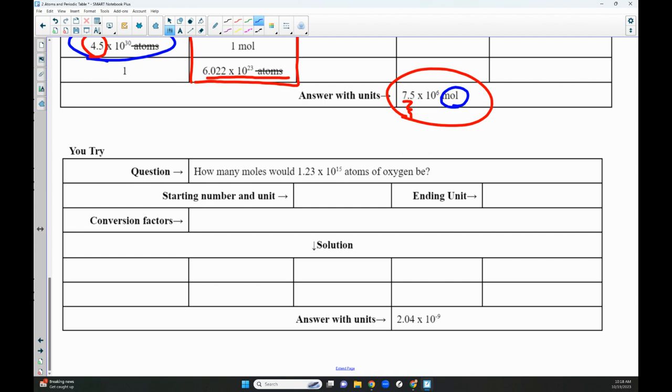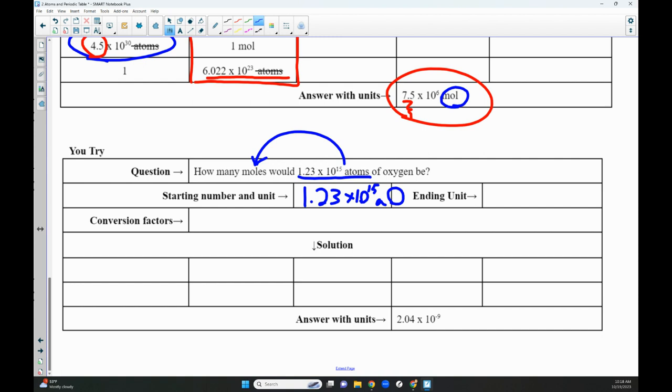Okay, here is the solution to the U-Tri. First of all, read the question and be clear about what you're trying to do. How many moles would 1.23 times 10 to the 15th atoms be? So you've been given the number of atoms, and we are trying to convert that into moles. This is a one-step conversion problem. So my starting number and unit is 1.23 times 10 to the 15th atoms of oxygen.